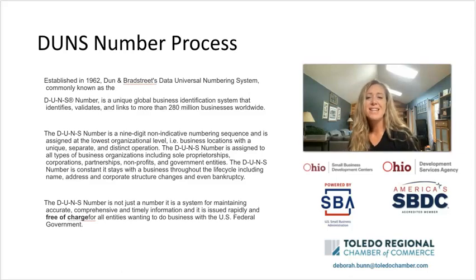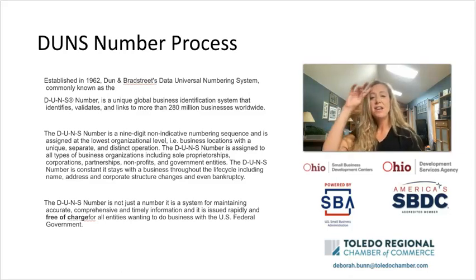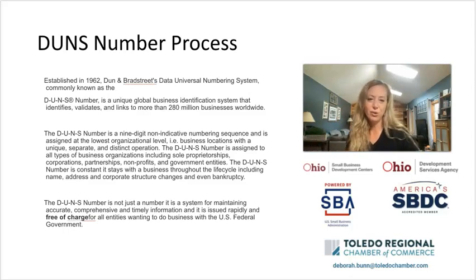It's a 9-digit non-indicative numbering sequence and is assigned at the lowest organizational level, which is each location. It's assigned to all types of businesses, including sole proprietorships, corporations, partnerships, nonprofits, and government entities.